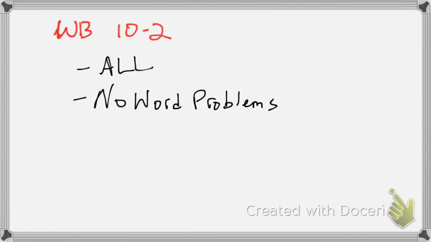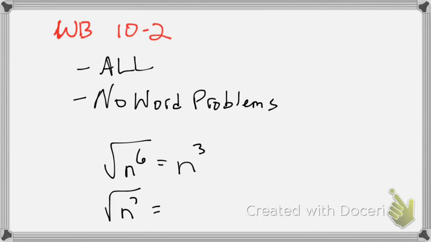And then another thing is, remember, whenever you have, let's say, the square root of n to the 6, how do we simplify that? Really, that just becomes n to the 3rd. Okay? Essentially, you just cut that in half. Let's say if we had n to the 7th, remember, that's going to be simplified so that we're going to have the square root of n to the 6 times the square root of n.